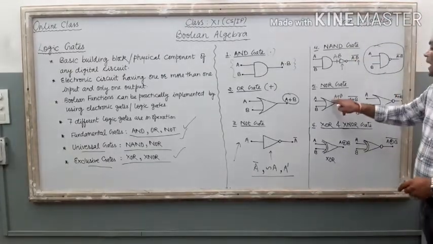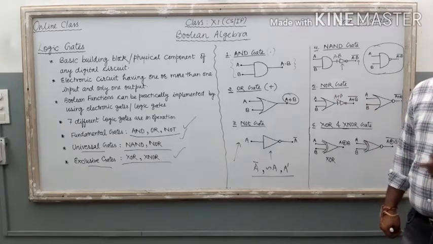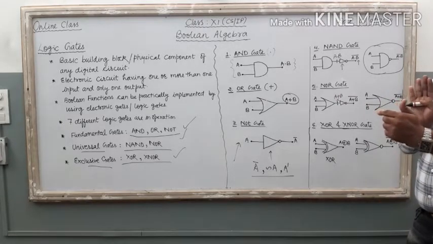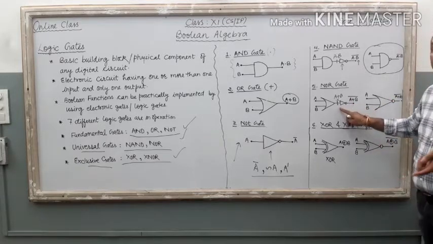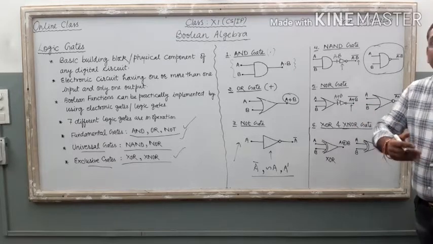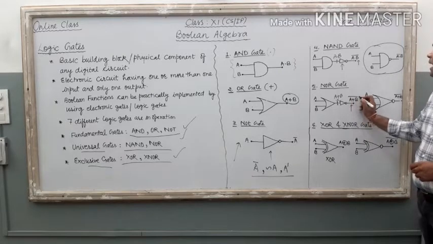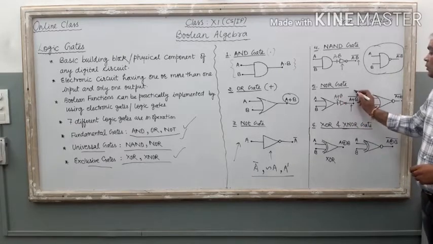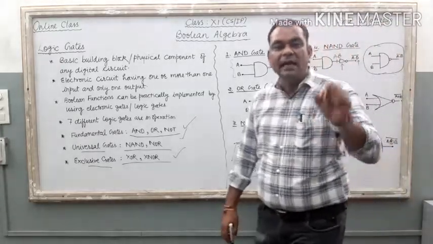So here A plus B is the output of OR gate. Now once we add this NOT gate after the OR gate's output, the result is just the reverse of the input operation, and here we put the bar on this A plus B. So the output of this NOR gate is A plus B whole bar.